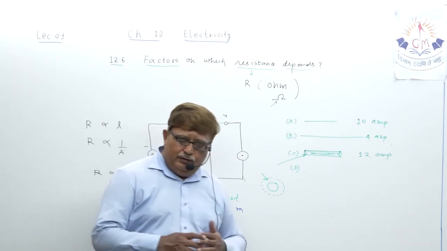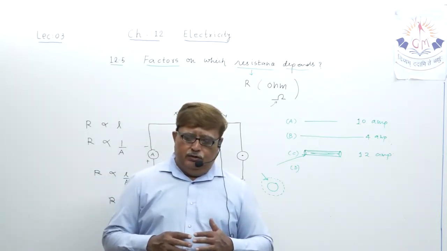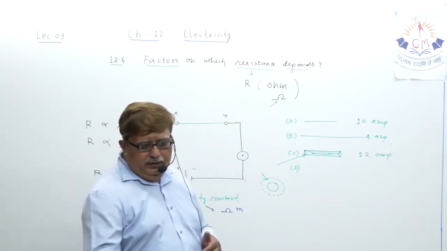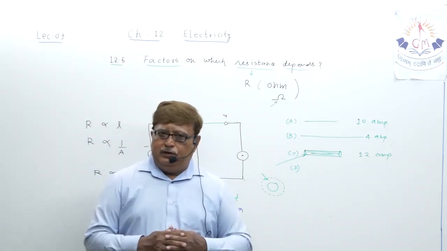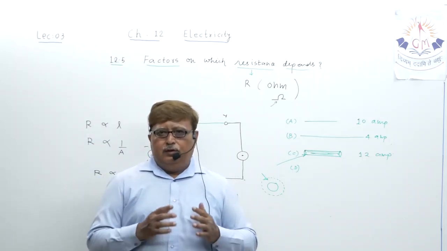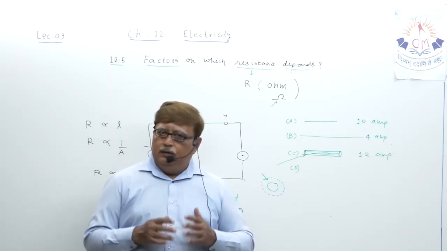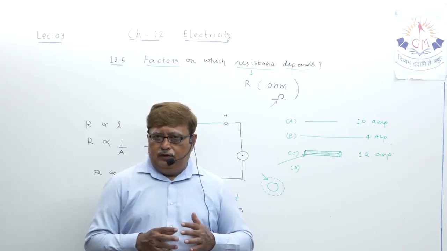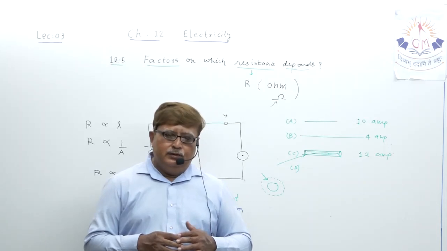So in today's lecture we totally dedicated the discussion only to resistivity. Understand? And my dear student, different material has got different resistivity. Those materials which are called good conductors have less resistivity constant.